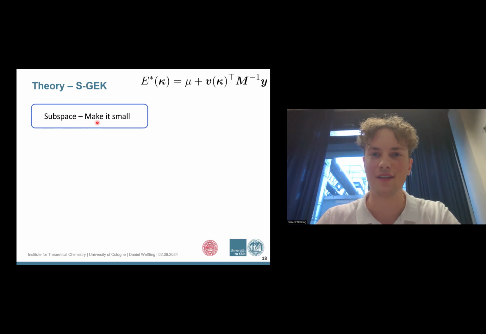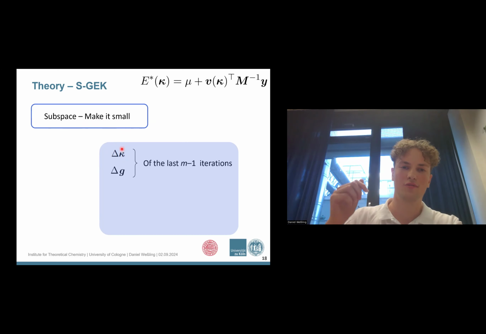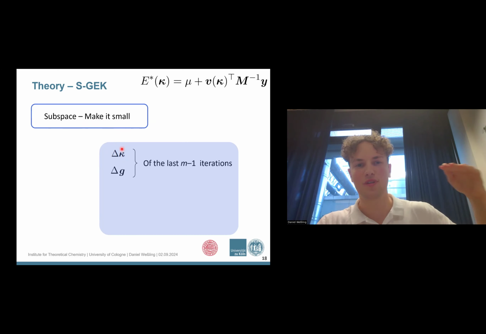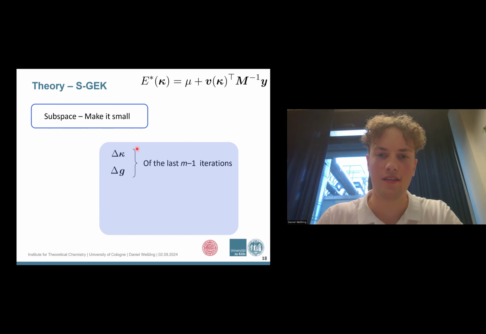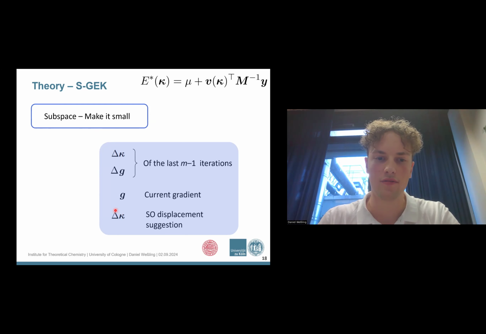And how do we do that? We have to choose the basis for the subspace really wisely. So what do we need? We need the vectors that point towards the minimum to really get this information out that optimizes the SCF. And these are the displacements from the previous iterations and also the gradient displacements. And we add to that the current gradient of the iteration that we are in, and also this displacement we get from the second order method.